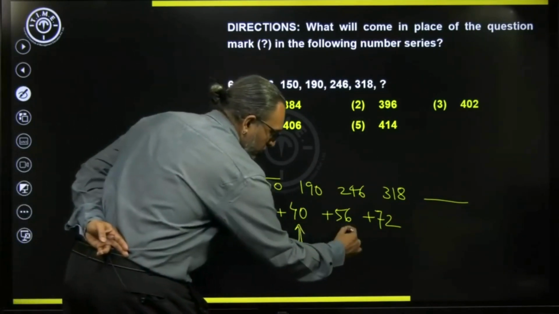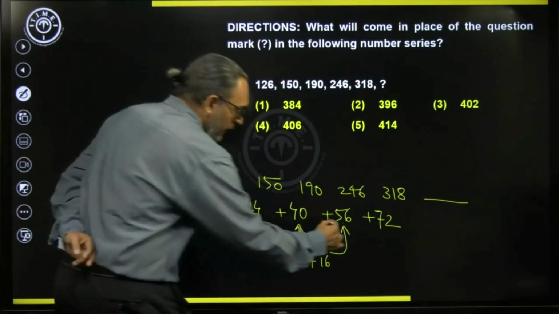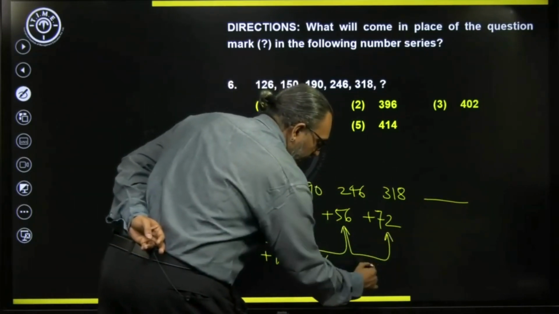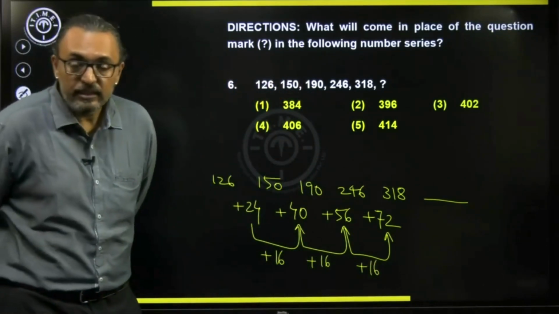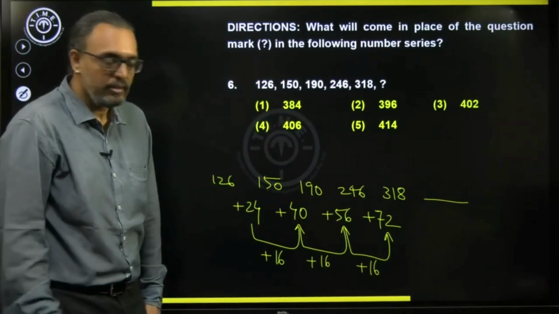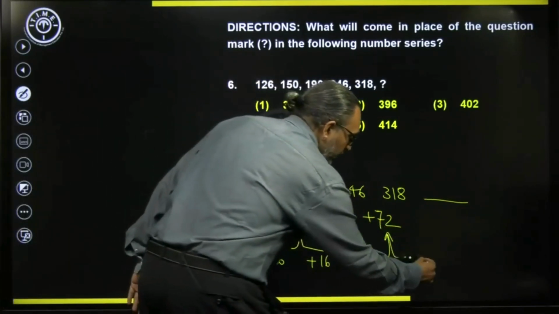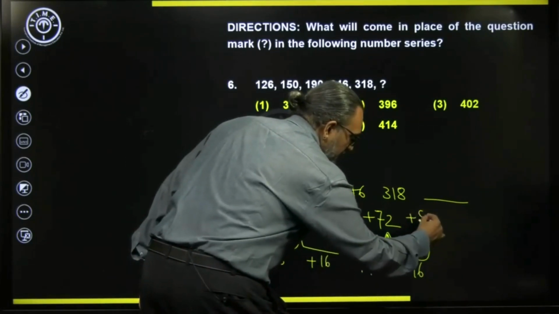Now here also check how much am I adding? 16. Correct? And here also check how much am I adding? Again 16. So the differences are increasing with a constant 16, 16, 16. So that means for 72 here again I have to add 16. So basically I am going to get 88.